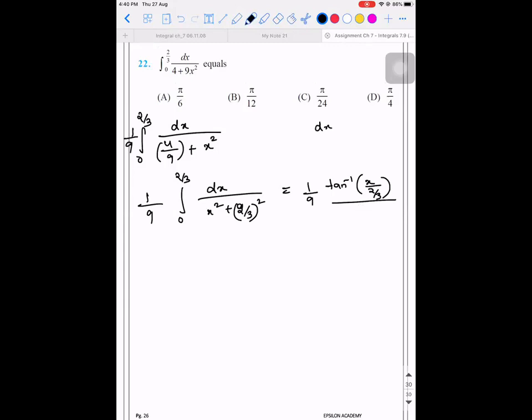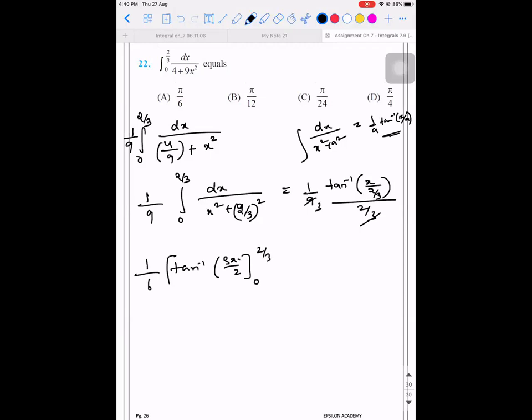So dx divided by x square plus a square integral is nothing but 1 by a into tan inverse of x by a. So x divided by 2 by 3, divided by a, that is 2 by 3. So this and this will get cancelled. So 1 by 6 into tan inverse of 3x by 2 between which two values?